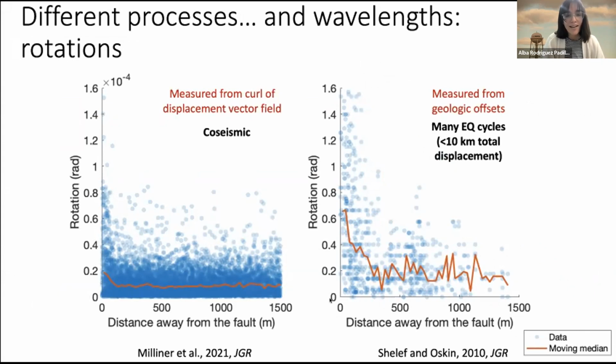And here on the right, I have work from Ethan Shelef and Mike Oskin measuring these rotations from geologic offsets for faults with under 10 kilometers of total displacement. And you can see that the patterns look quite similar in the co-seismic and the cumulative record. We have rotations that, similarly to the fractures, are localized somewhat close to the fault, within about 500 meters away from the fault.